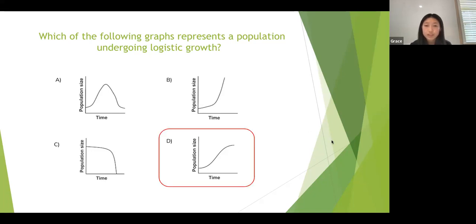All right, so I see many of you saying D, and that is correct. This looks almost exactly like the example on the slide. D is going to see an increase in the population, and then you'll see a point where it almost stops. This one cuts off before the oscillation starts, but you can expect the population to have a slight decrease and then oscillate back and forth as it hovers around its carrying capacity.